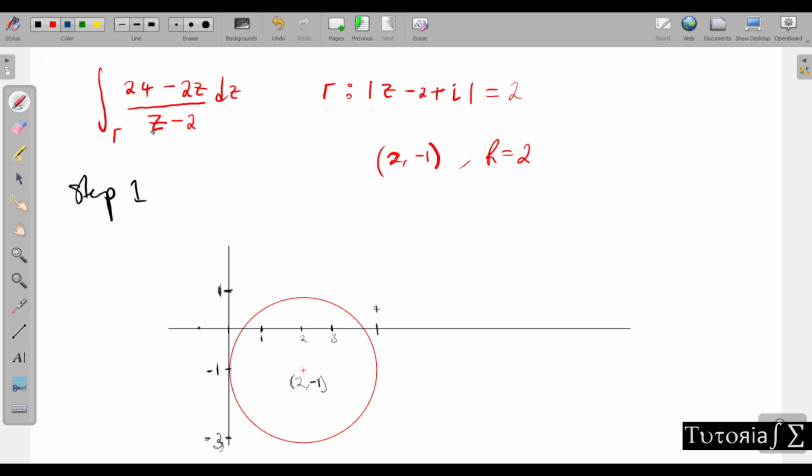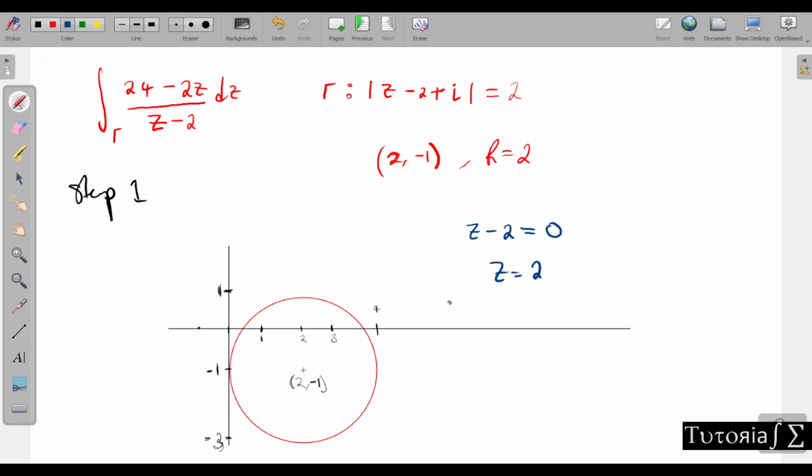You equate the denominator to 0, so that is z minus 2 equals 0. Then you solve for z, so z is equal to 2. Now this should be either inside the circle or on the boundary.